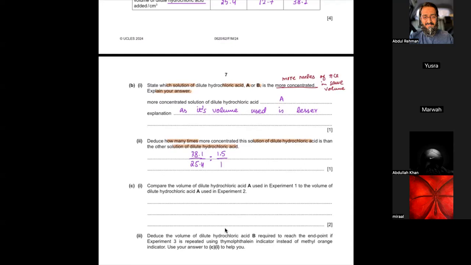Volume, HClB to HClA. So it helps me figure out that 1.5 times more volume is used, isn't it? Yes, sir. So if 1.5 times more volume is used, it clearly indicates that this one is 1.5 times more concentrated.